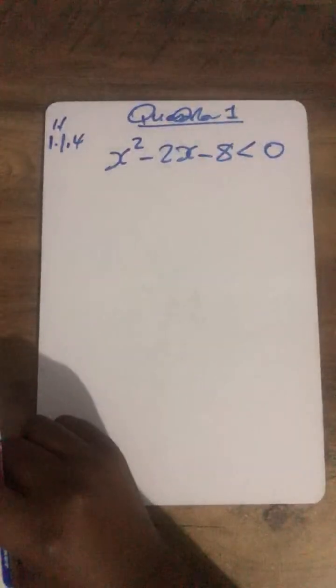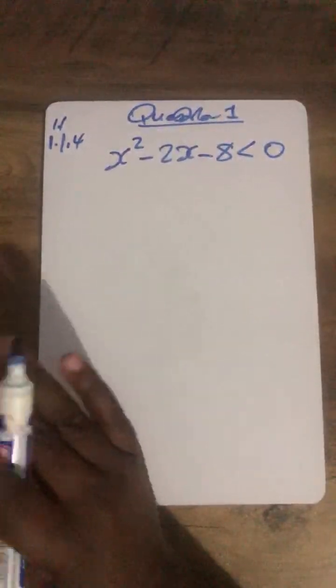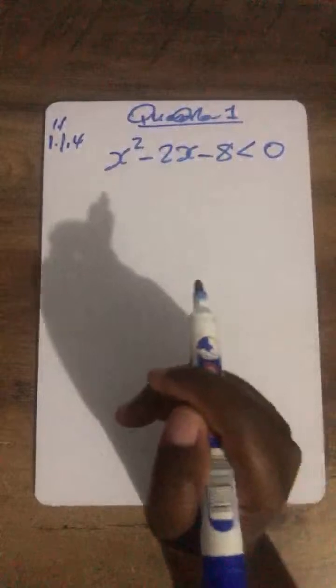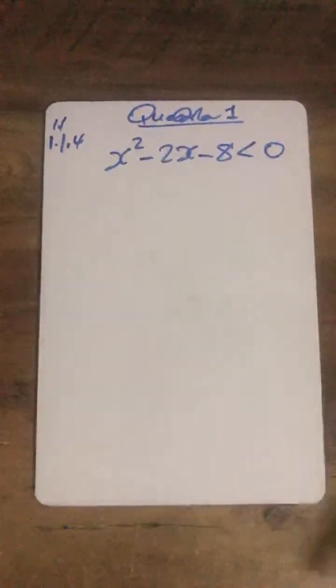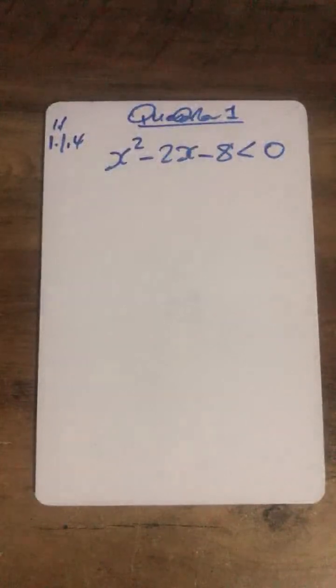Also give yourself full marks for that one, as long as you have done it differently but in the end got the same answer. So there are other ways in which you can work it out, but that one is the standard way. If you used a different method and got the same answer, you give yourself full marks.